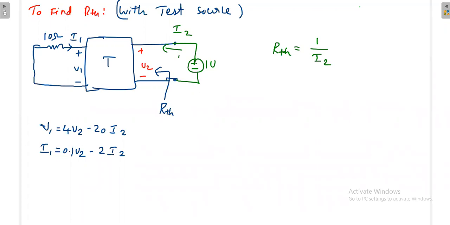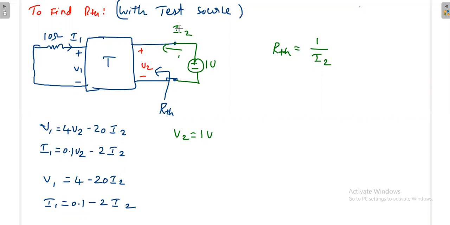Once V2 is 1 volt, what is V1? V1 is 4 minus 20 I2. What is I1? I1 is 0.1 minus 2 I2. Now we have V1 and I1, but our final aim is to find I2.